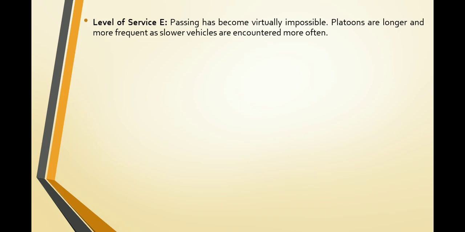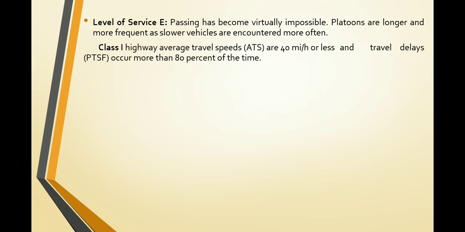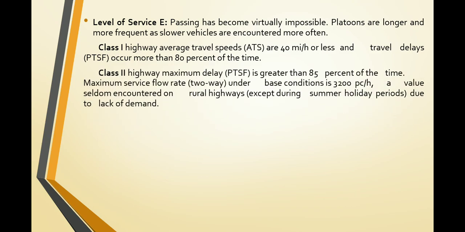Level of service E. Passing has become virtually impossible. Platoons are longer and more frequent as slower vehicles are encountered more often. Class 1, the ATS is 40 miles per hour or less, and travel delays occur more than 80% of the time.